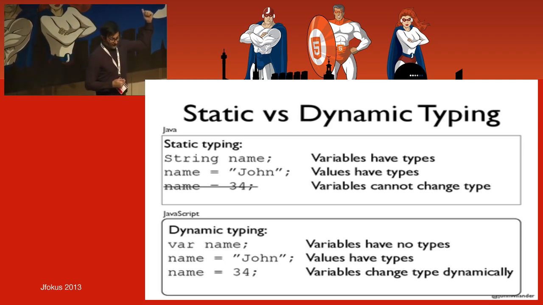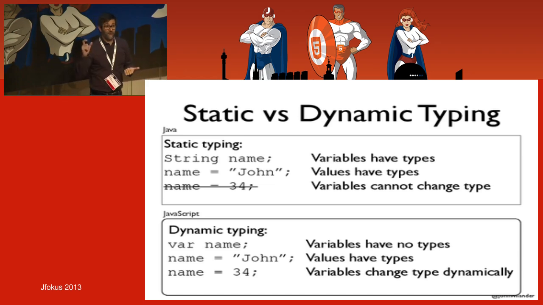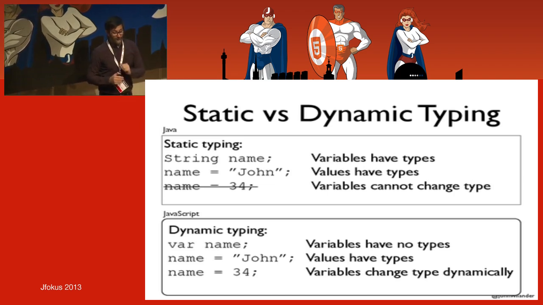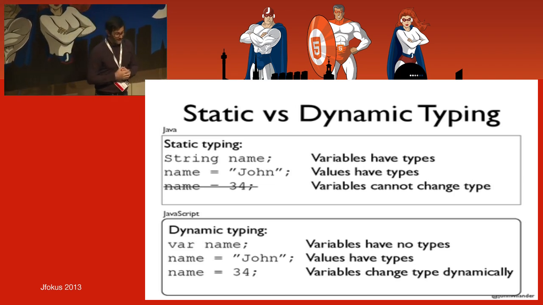So the third example here in the Java box that's crossed out means that we cannot assign variables of a different type to values of a type that differs from the variable. So in this case, name is a string, and therefore it cannot contain something of the value integer.